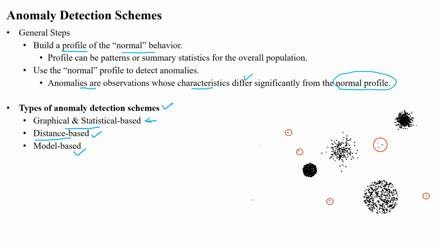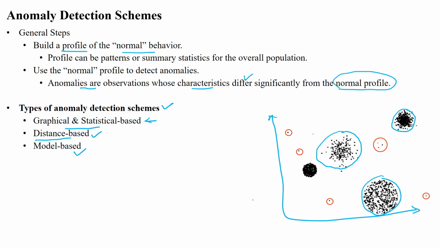Here the given data set has n number of data points. In this one, these data are clustered in a single class or single group, and these data points are far away from this cluster or group. So these kinds of data points are called anomalies.